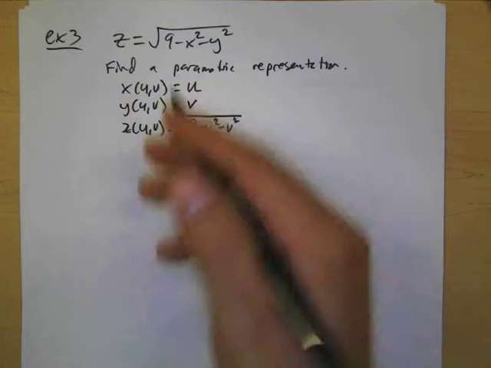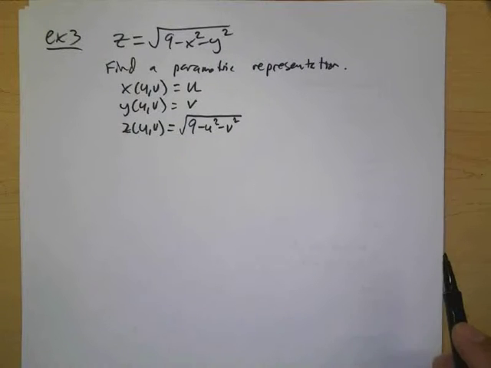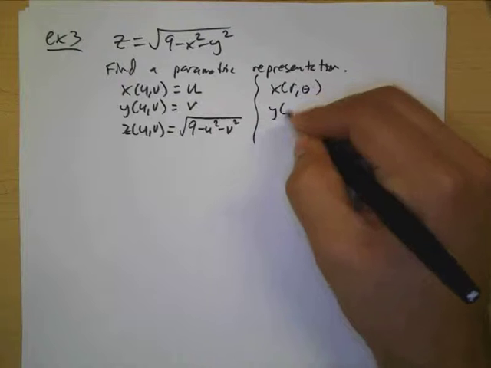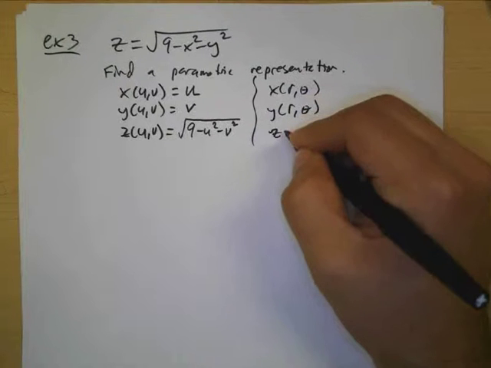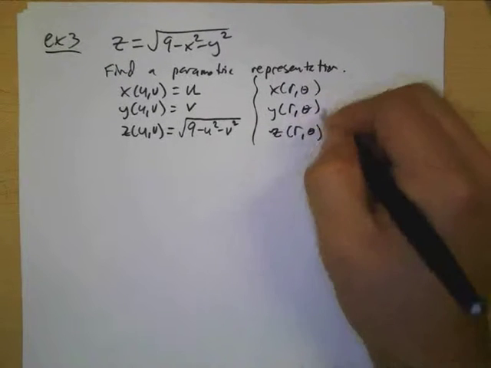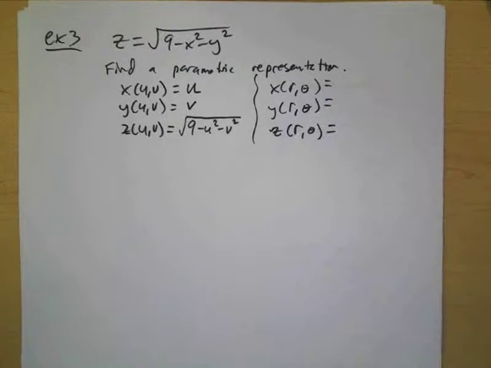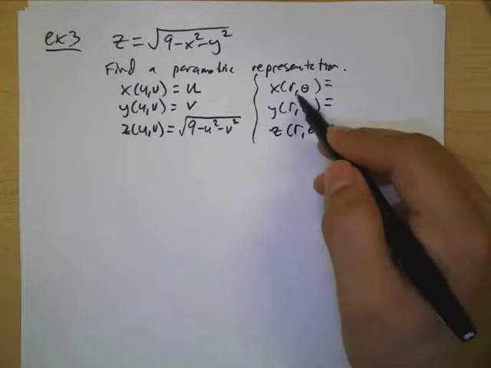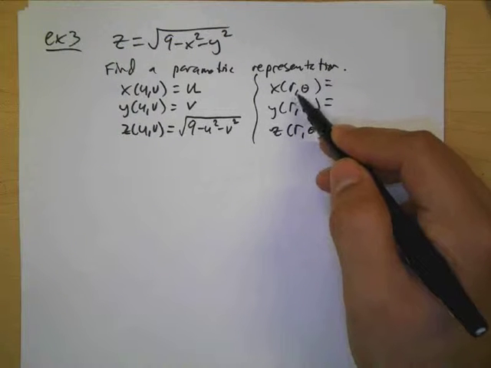If you wanted to, you could do cylindrical, x of r theta, y of r theta. So now our u and v are two different variables. What would x be if we go to polar here?